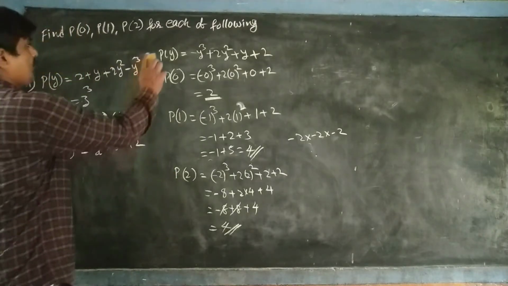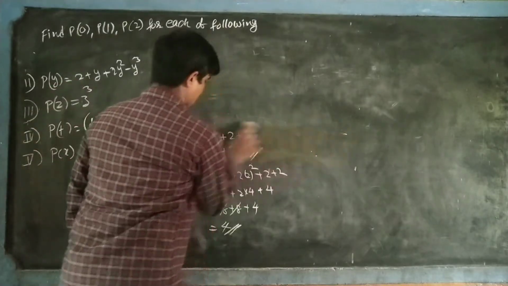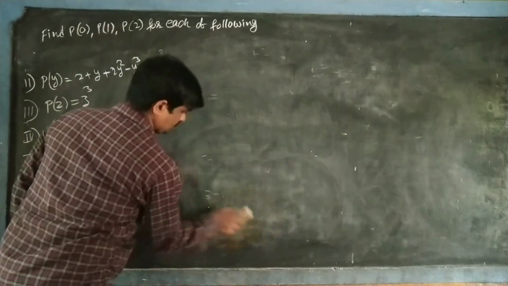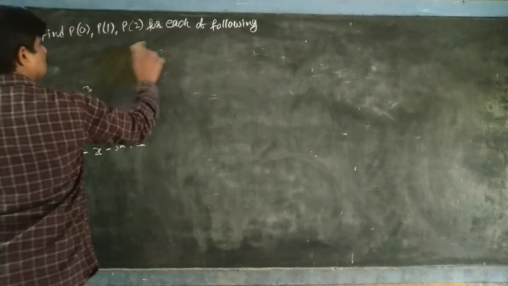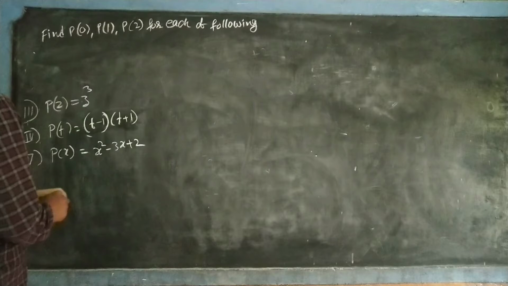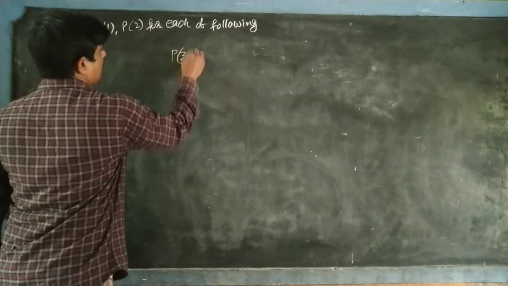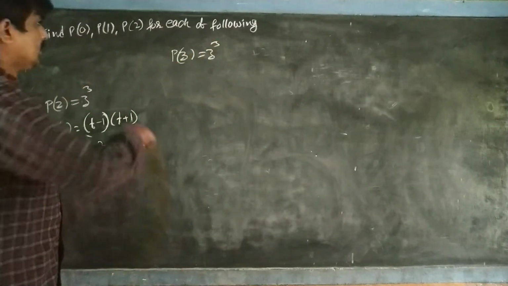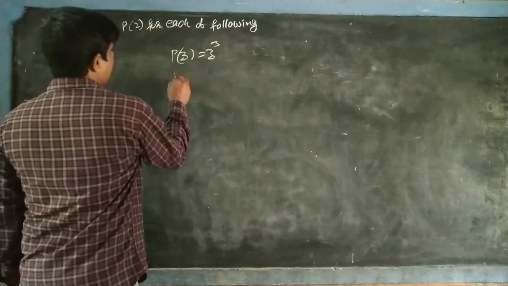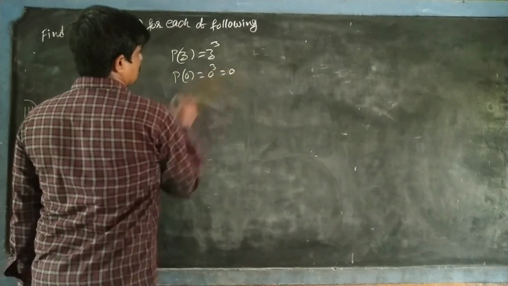Next, p of z. Same concept we have to use. P of z is z power 3. So p of 0 is 0 power 3, that is equal to 0.